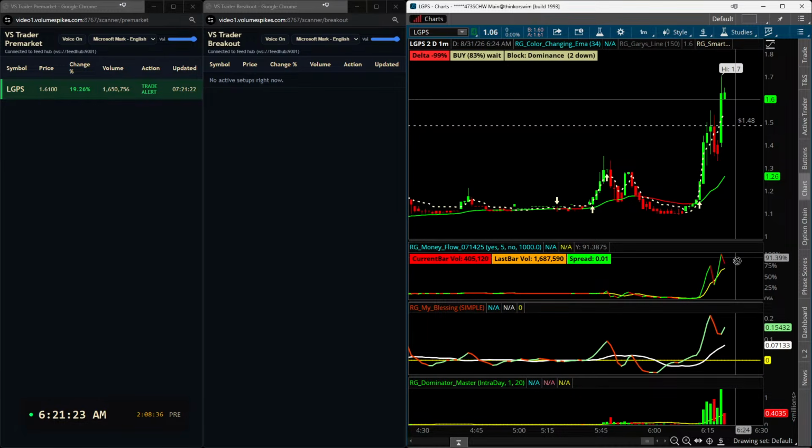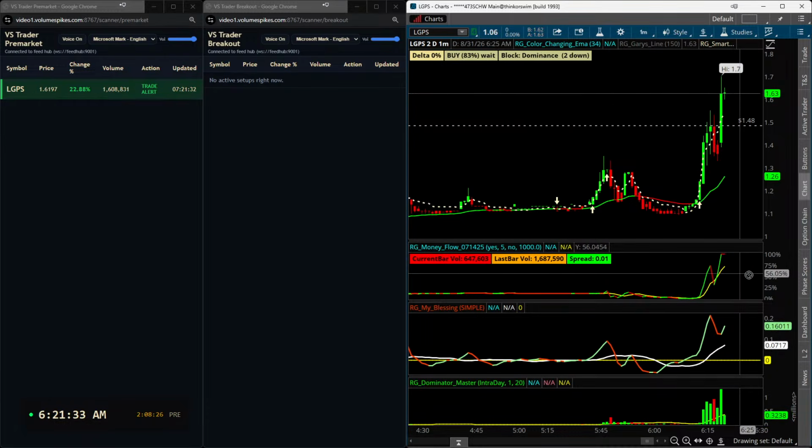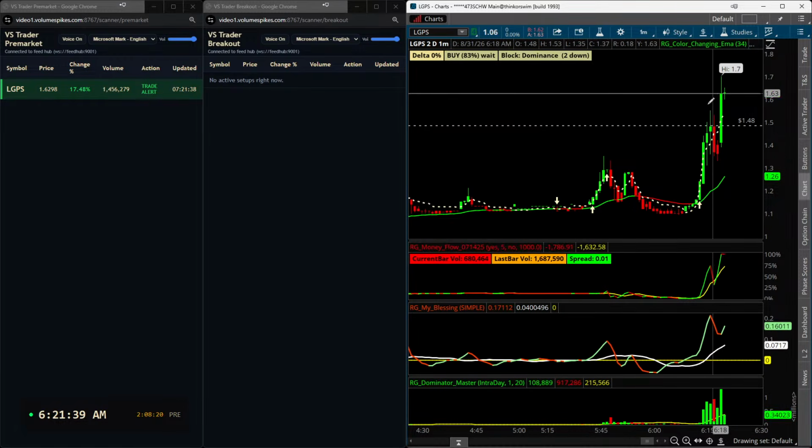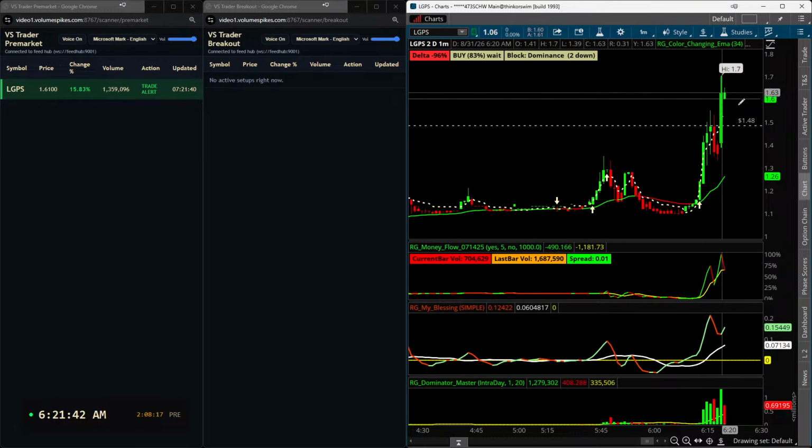Slightly red. That's a warning. Hey, there's sellers on board. Stronger sellers. The further down this line dips red, the stronger the selling pressure gets. Buyers are holding it up and buying up everything they're selling.